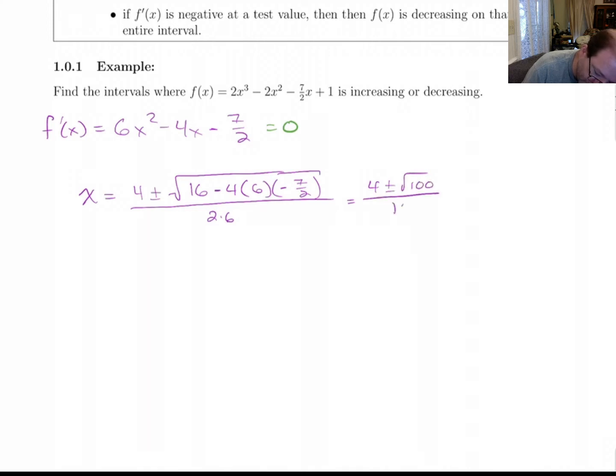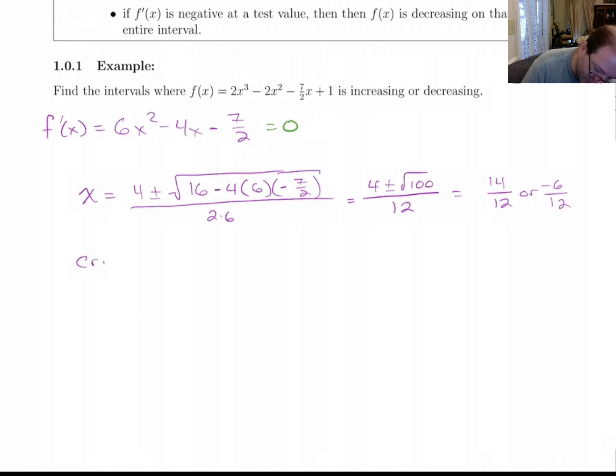Of course, you know what that means. Since we got a perfect square under there, it would have factored, and it would have factored fairly nicely. But let's not worry about that. What we get here is 4 plus 10, or 14 over 12, or 4 minus 10, negative 6 over 12.